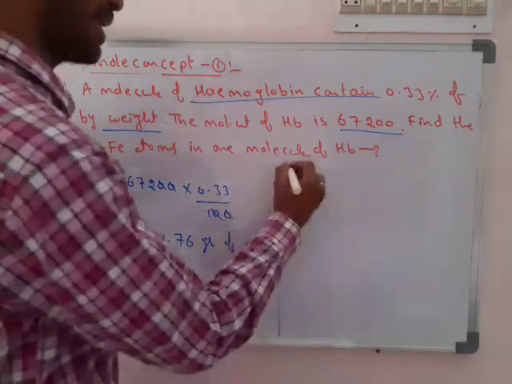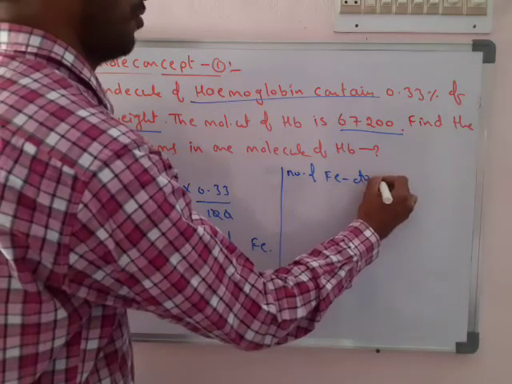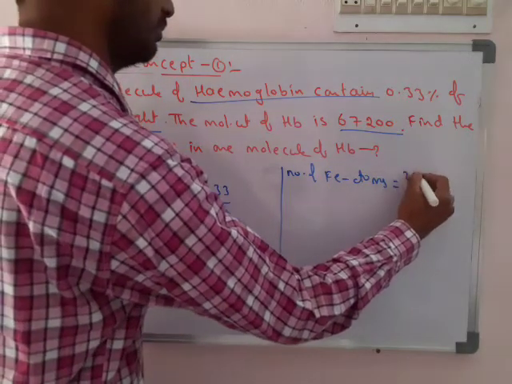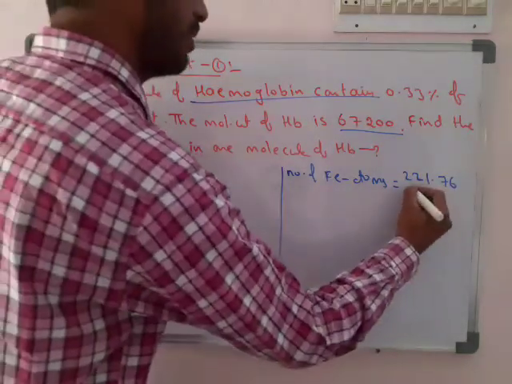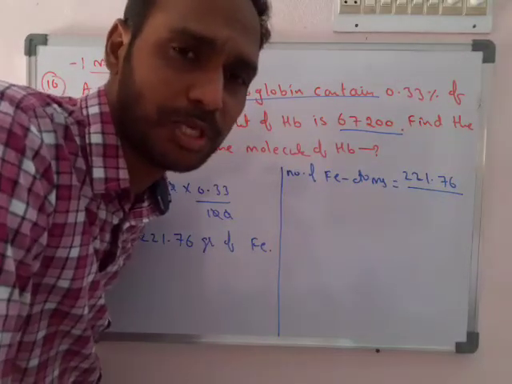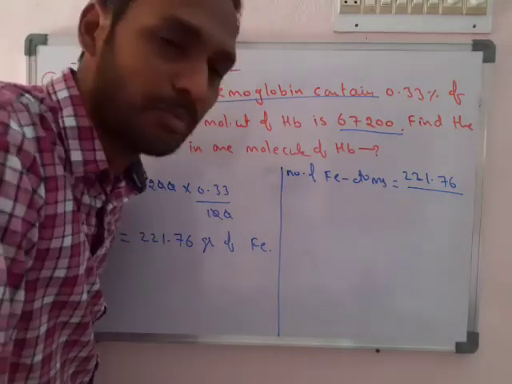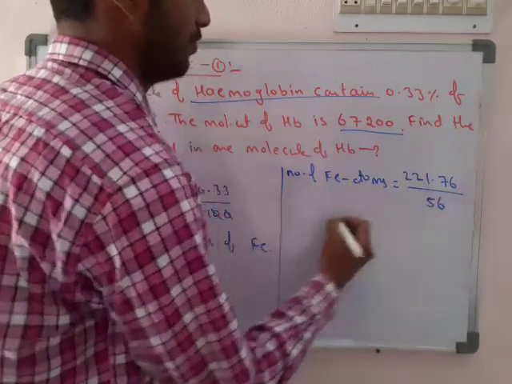Number of iron atoms equal, we can write number of iron atoms equal to total iron weight by each iron weight. అంతే కదా, టోటల్ ఐరన్స్ కలిపితే ఎంత వెయిట్ ఉంది హిమోగ్లోబిన్లో, 221.76 grams వచ్చింది. సో ఈచ్ ఐరన్ ఈజ్ హ్యావింగ్ 56.